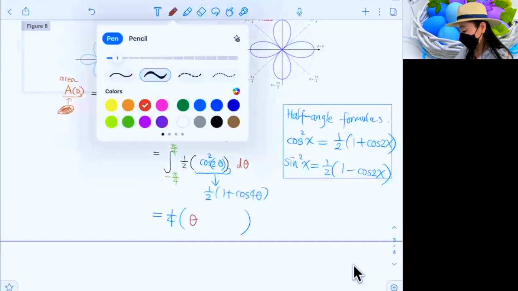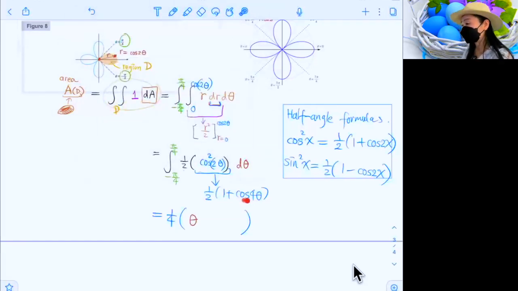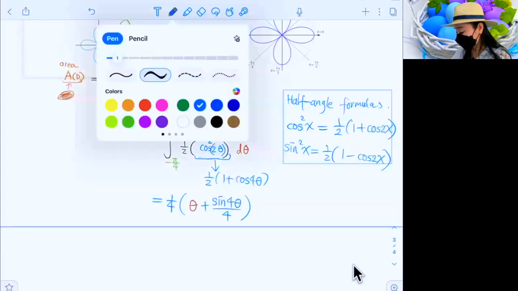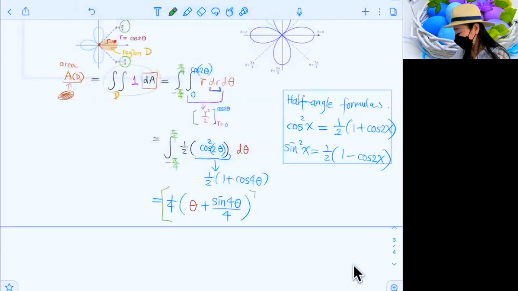And what's the antiderivative of cosine of 4 theta with respect to theta? Sine of 4 theta divided by 4. Yes, you got it. Good job. Finally, you substitute theta from negative pi over 4 to pi over 4.